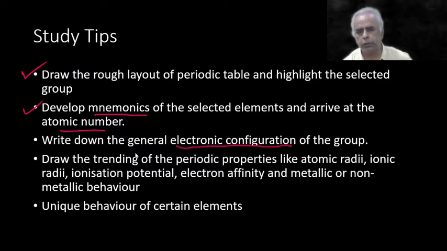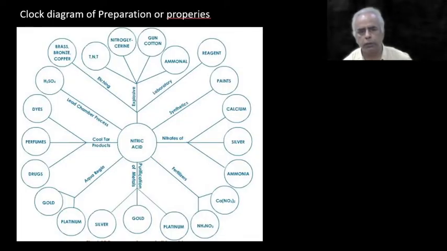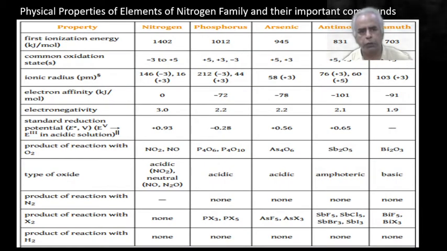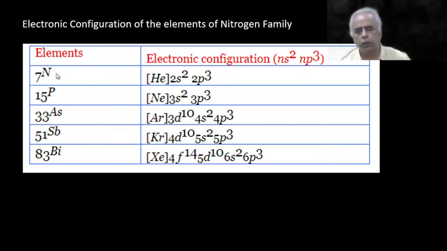That will be very simple. This is the general electronic configuration for nitrogen, and for it you can put the electronic configuration of the nearby inert gas element.